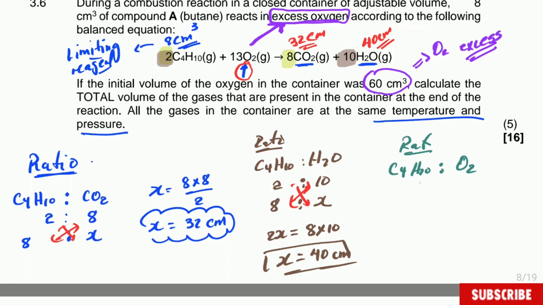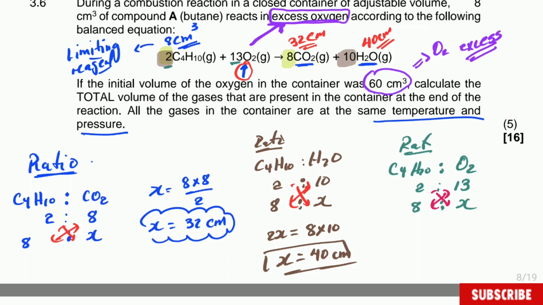So the ratio here is 2:13. The ratios are the numbers at the front, remember. And if you have 8 of this one, how much of the oxygen will you need?